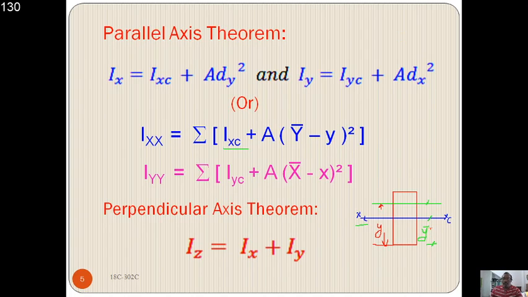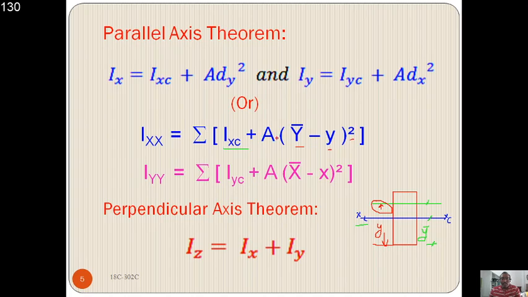Therefore, y bar is up to the centroidal axis, and we subtract the reference axis, which is y. So you have to subtract. In some cases, this value will be negative, but due to the square, it is definitely a positive number. Hence, we are not considering whether this value is negative or positive. We will take the mod of that value because there is a square already. Even though it is negative, it will automatically convert to a positive.